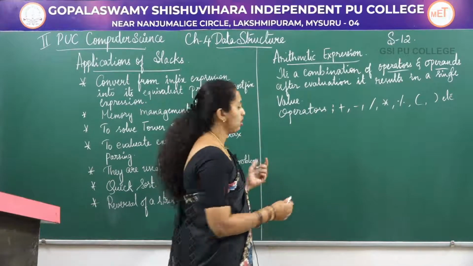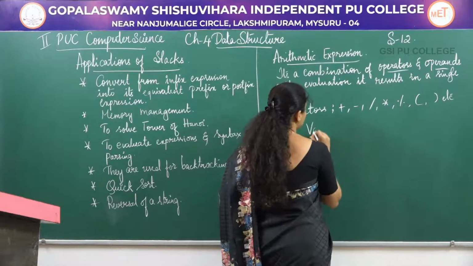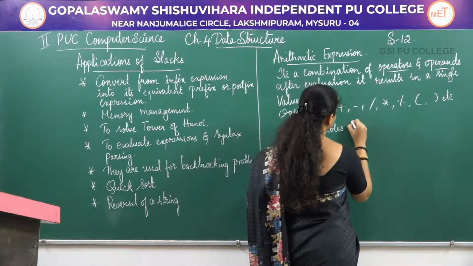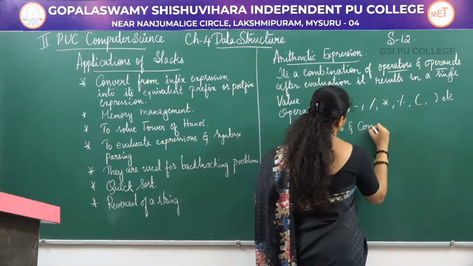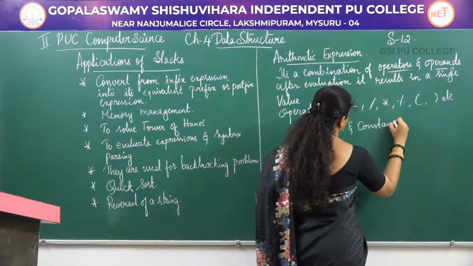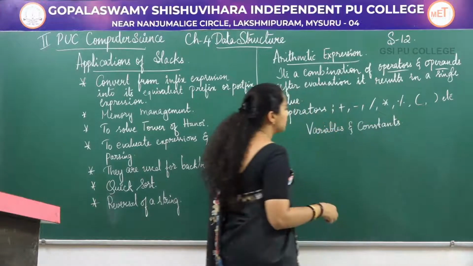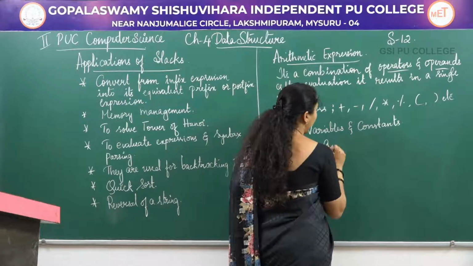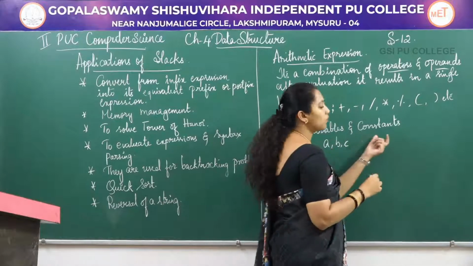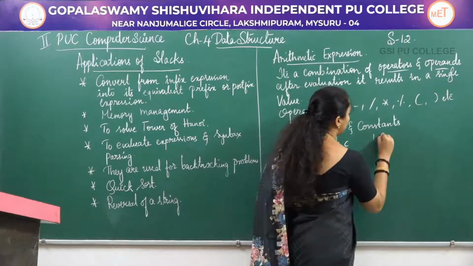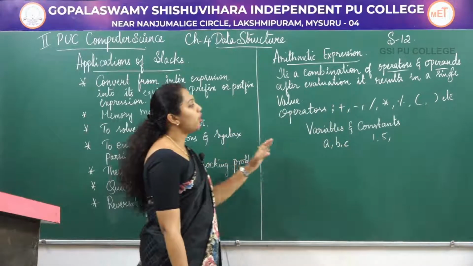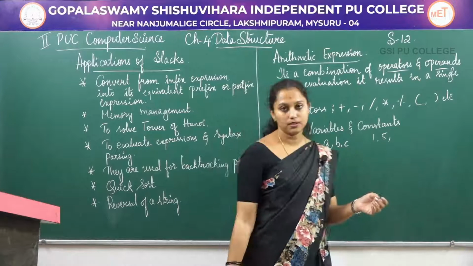Operands include variables as well as constants. When it comes to variables, it may be the alphabets. When it comes to constants, it may be the numbers. So this is about operators and operands.